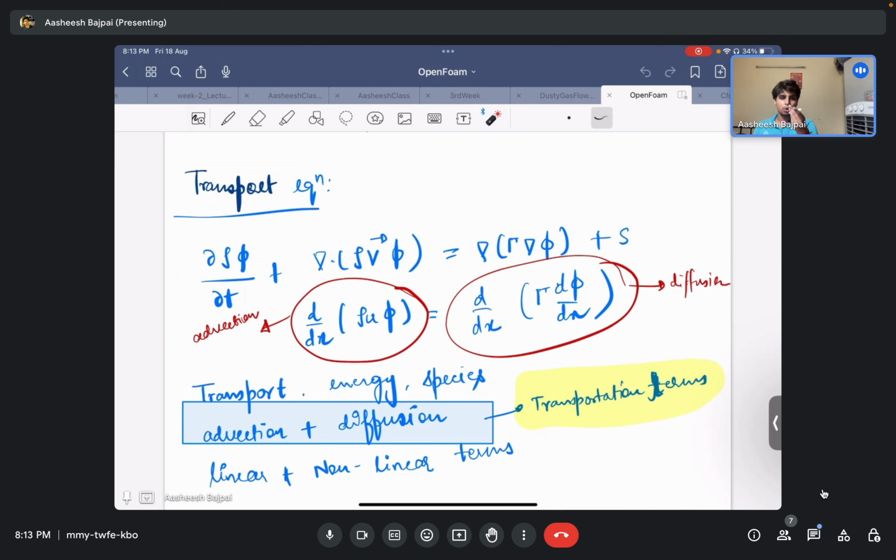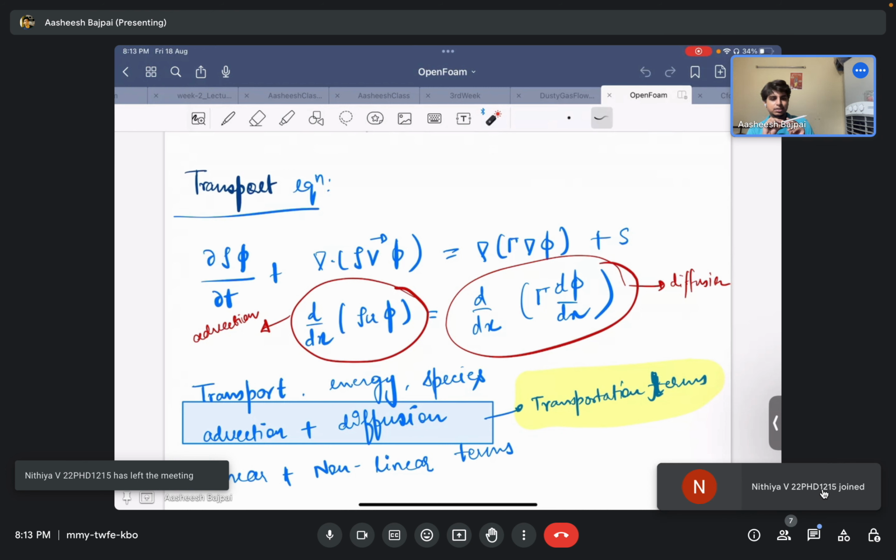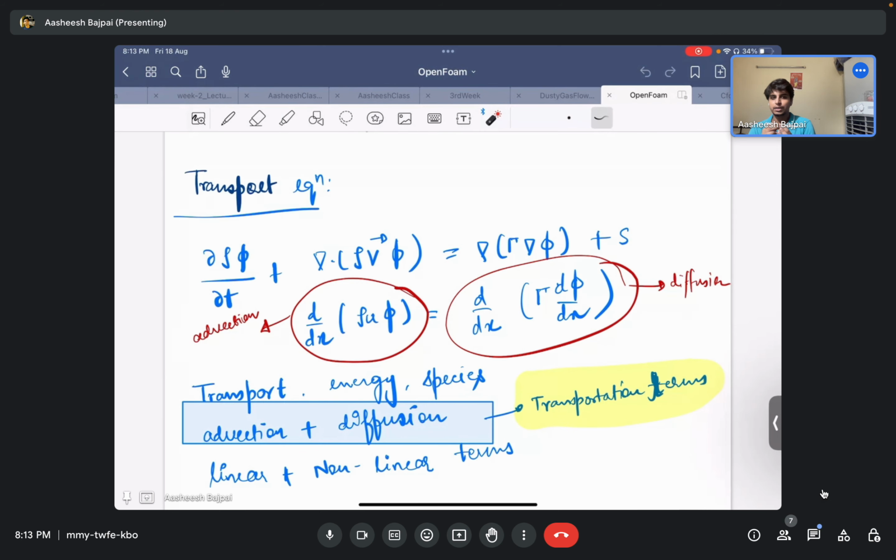If I blow over this pencil, the air coming from my mouth is taking away the heat from it, and this is due to advection. But suppose I burn this and instantly the temperature starts rising in the whole pencil.